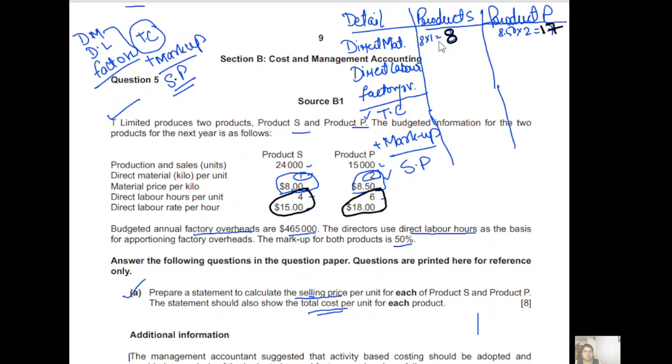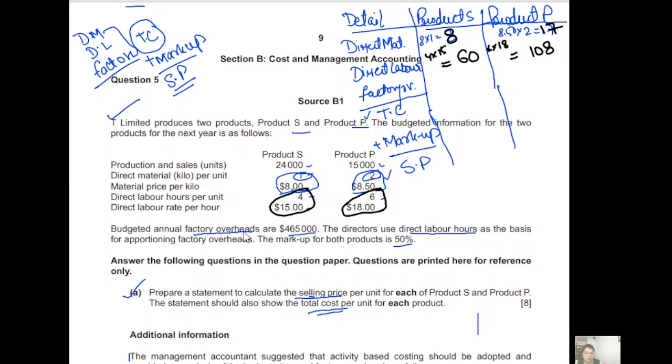So 4 into 15, you have to write 60 here. No need to write 4 into 15, it's just for your reference. Then 6 into 18, that will be 108.